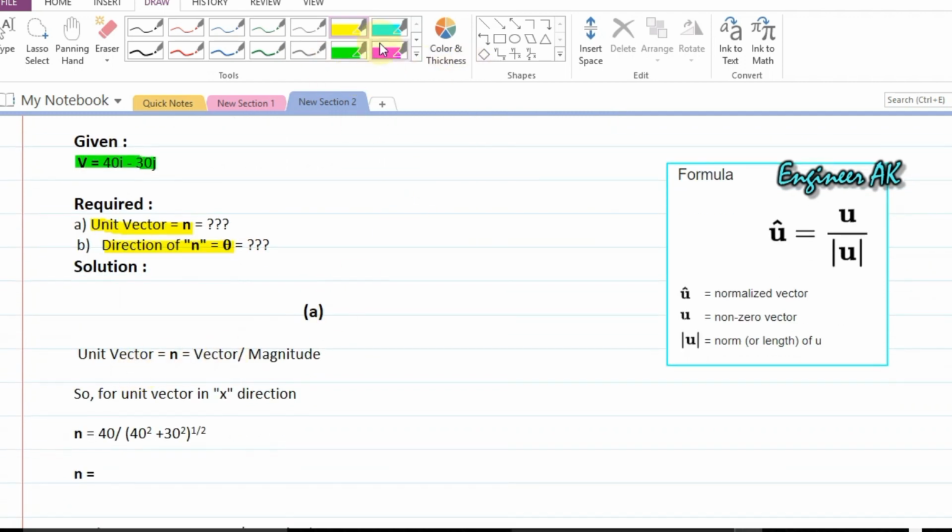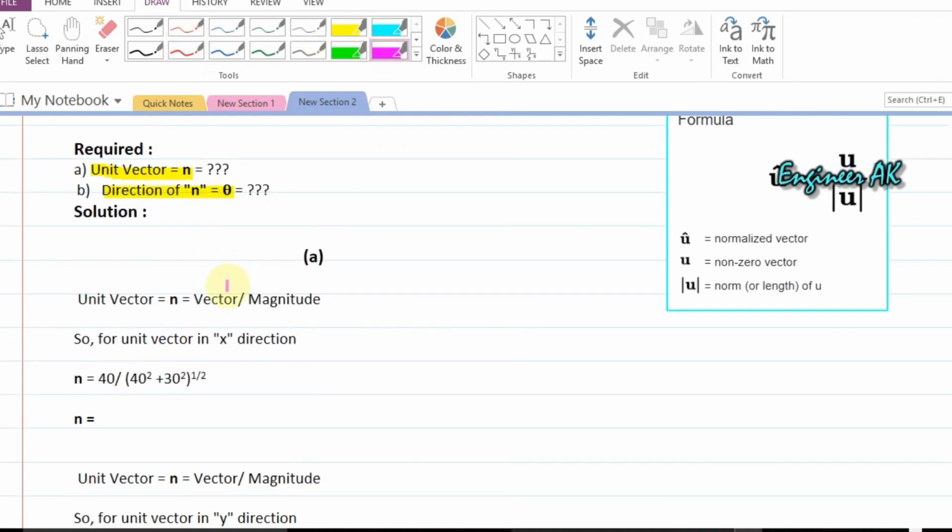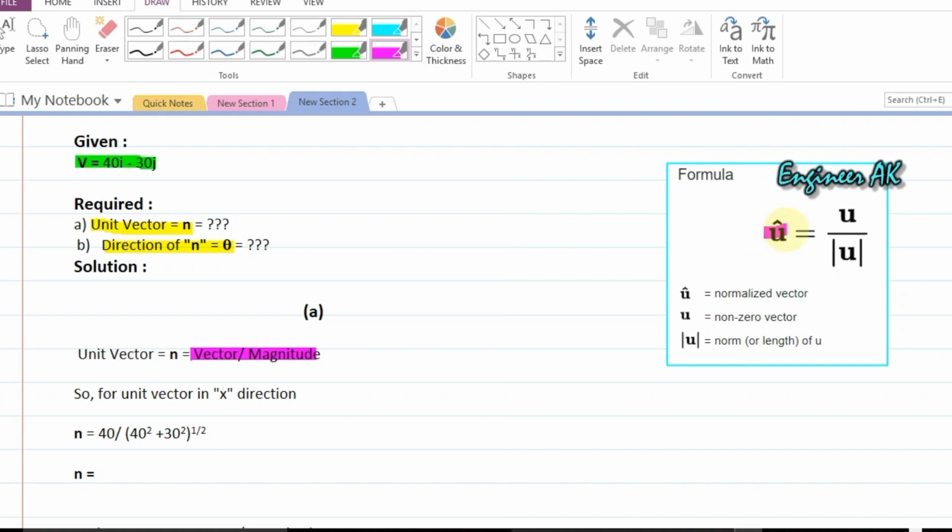So let's get started. The unit vector has a formula: vector divided by the magnitude of the vector. That's the formula for finding the unit vector.